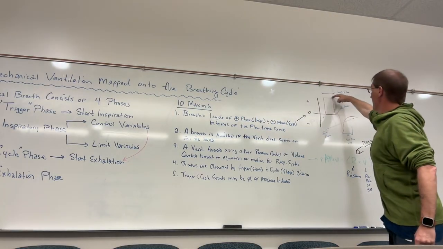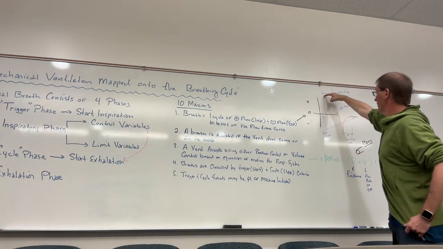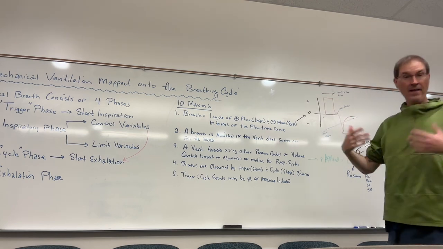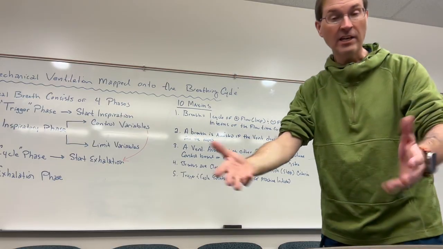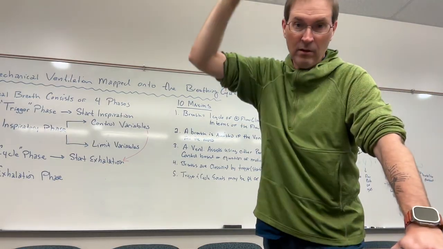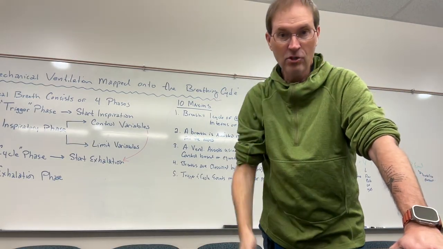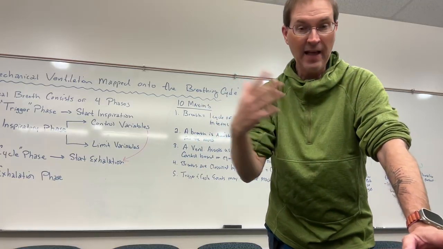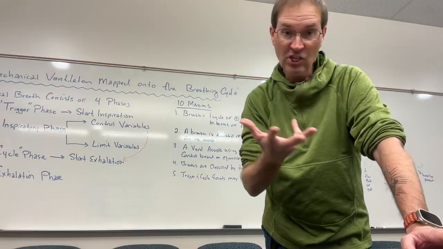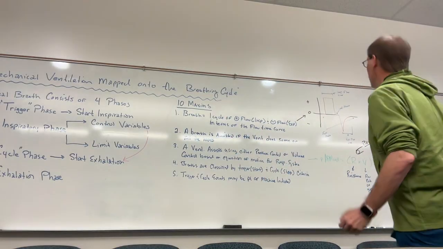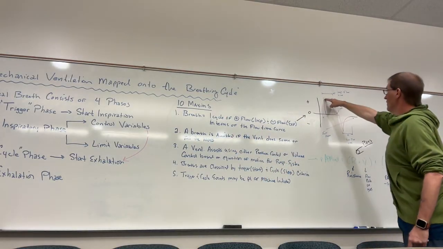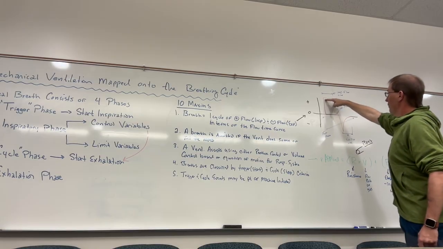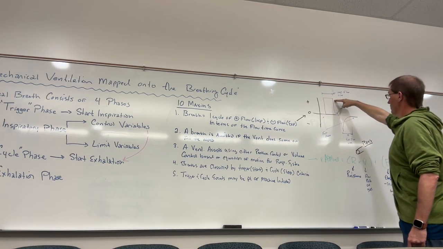So instead of being square-shaped or plateau-shaped, it'll go up and then decrease down. That is sometimes referred to as a descending ramp. Or sometimes it'll ramp up and then shoot down. That's called an ascending ramp. There are many different ways that the flow rate can change during inspiration. But either way, when this is above the baseline, there is positive flow, and in this case, that flow is constant.